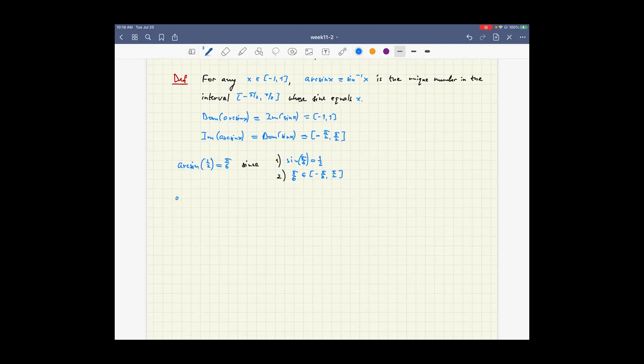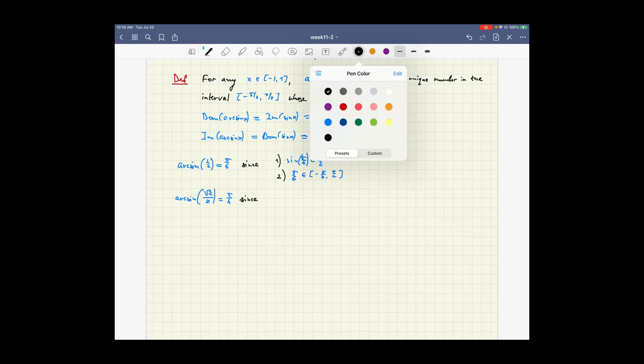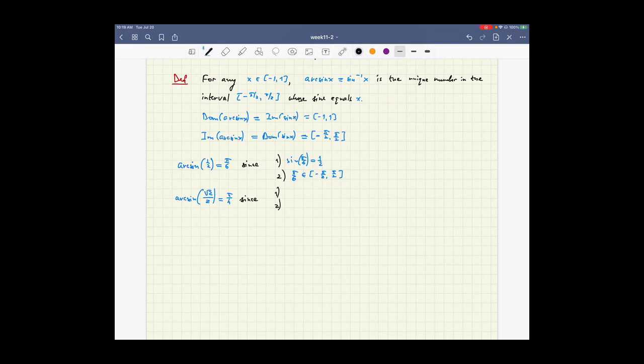What about arcsine of root 2 over 2? We know that's pi over 4, again for two reasons. First reason is that sine of pi over 4 equals root 2 over 2, and the second reason is that pi over 4 belongs to the interval negative pi over 2, pi over 2.